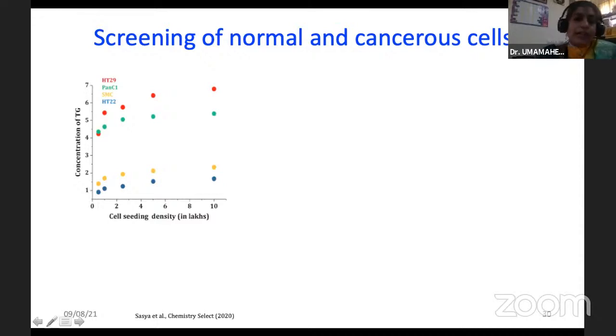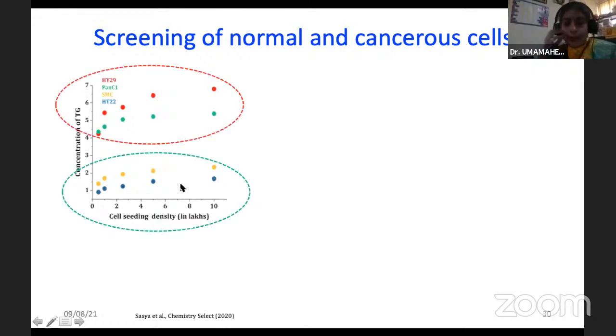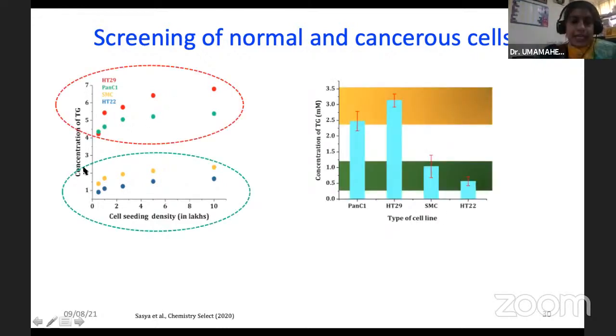So here is the concentration of triglycerides that we measured using these cells. And what we could see is there are two different zones. Below 2 millimolar triglycerides, this is the total triglycerides from the normal cells.